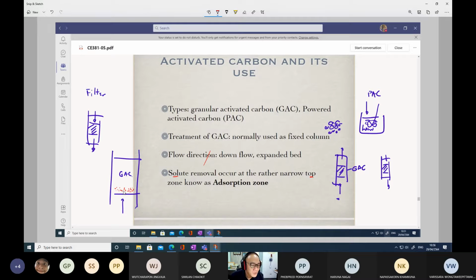Accumulation of solutes only occurs on the layer exposed to the water. The next layer will only function when the adsorption capacity of the top layer is completely full.